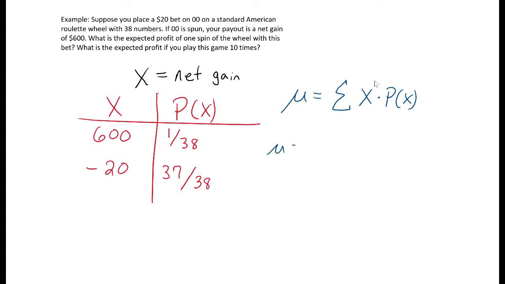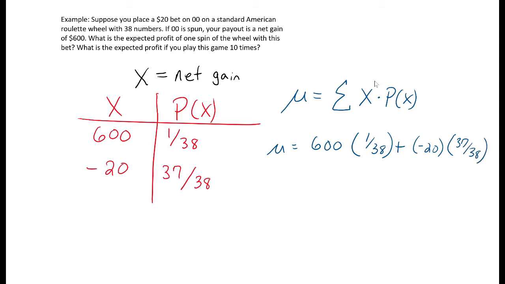So for us, our first value of X is $600. We take 600 and multiply it by the probability that we win $600, which is 1 out of 38. Plus, because that's what that sigma notation means, we take the next X value, a negative $20, and multiply it by the probability that we lose $20, which is 37 out of 38.